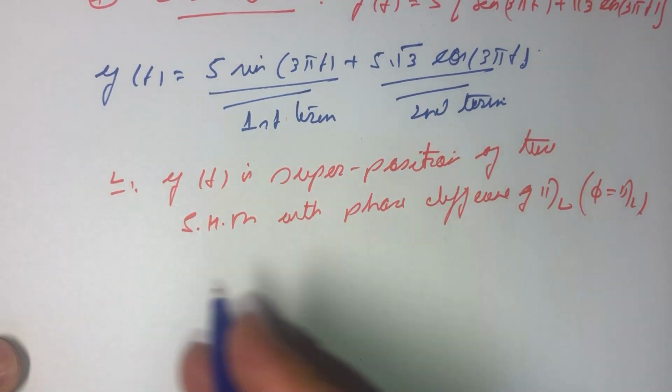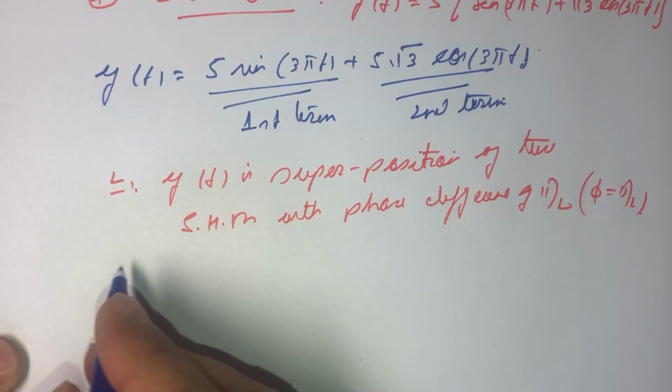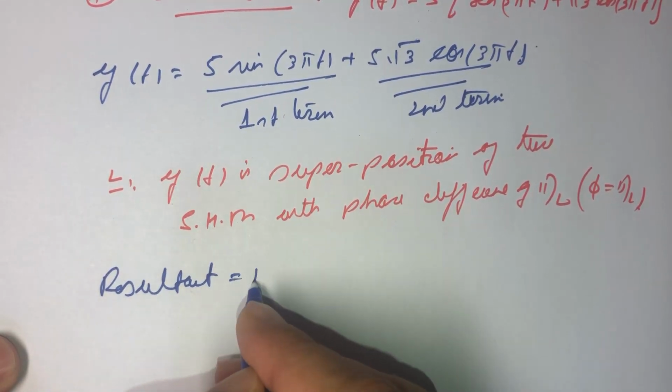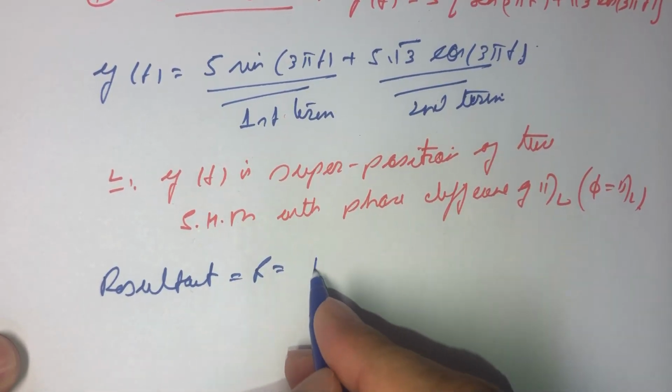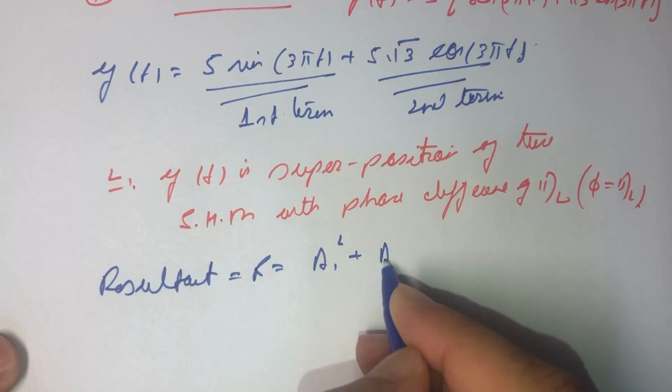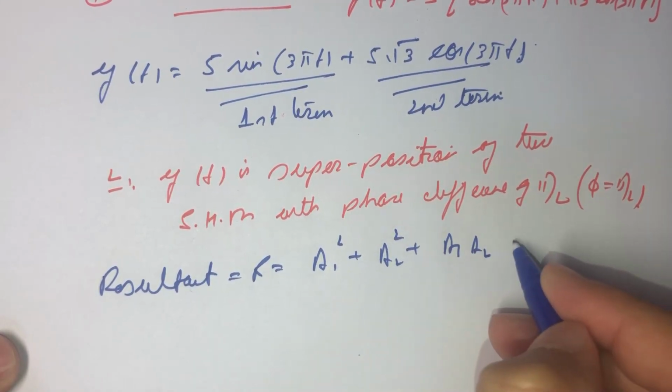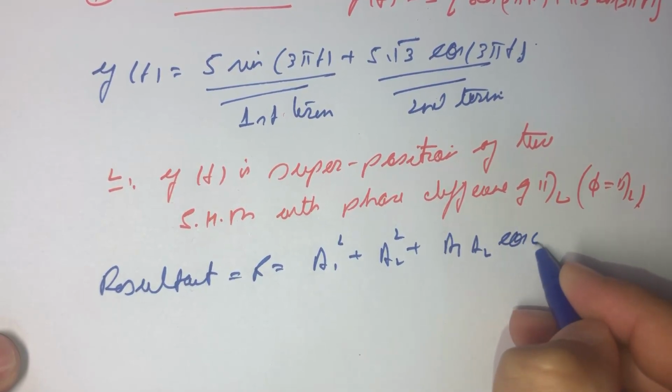Therefore we can write the resultant R as the square root of a1² + a2² + 2 a1 a2 cos φ.